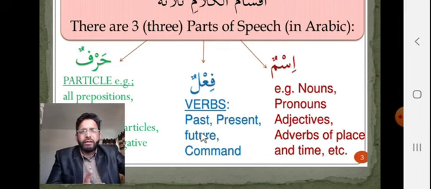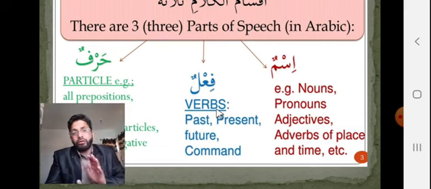Number one is fail madi, meaning past tense; fail mudari, present and future; fail amr, meaning imperative verb. So these are three kinds of verb in Arabic. This is the second type of kalima, and that's fail. First kind is ism, second kind is fail. And what is the main difference between an ism and fail?